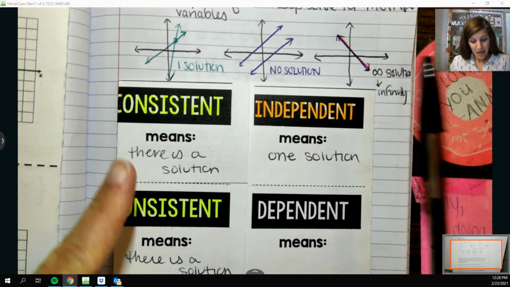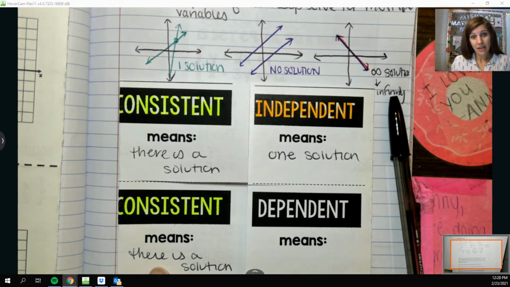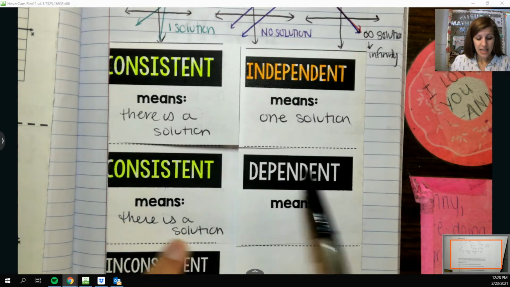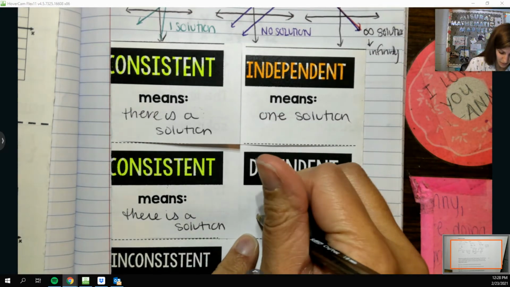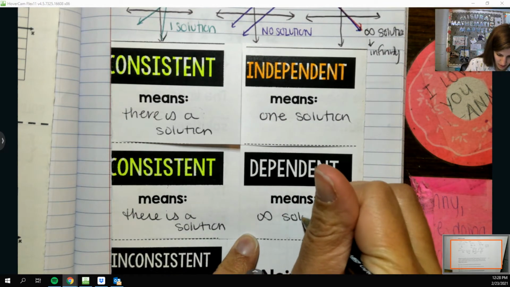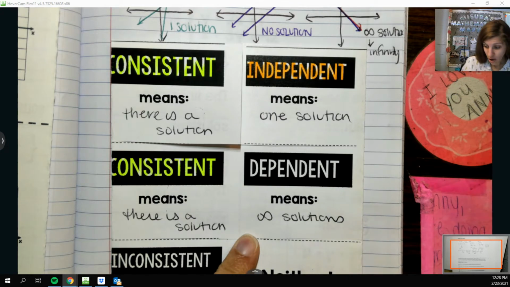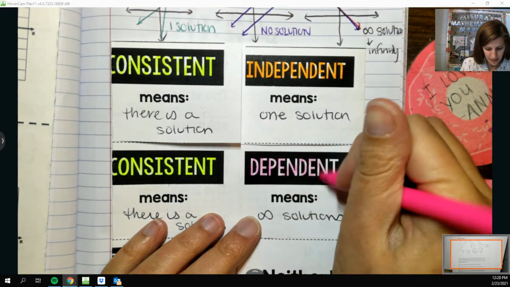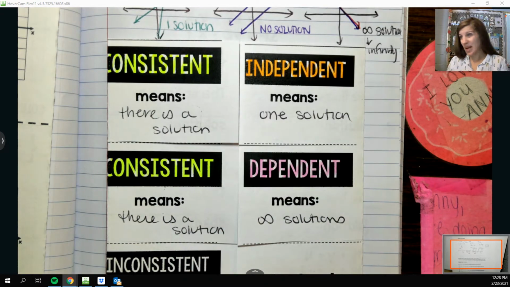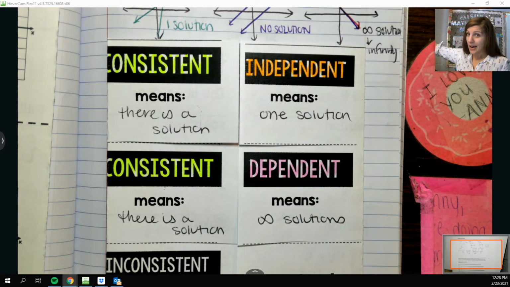The other type of solution you can have is consistent dependent, which is when I have infinite solutions because they are touching all the time. The only other option is that you don't have any solution at all.